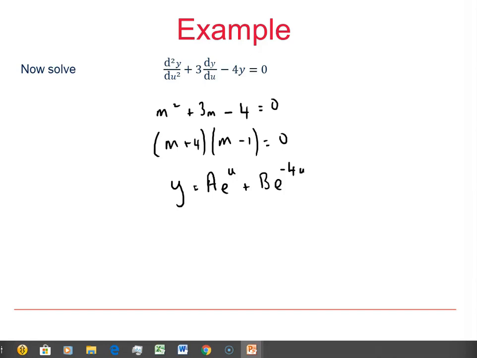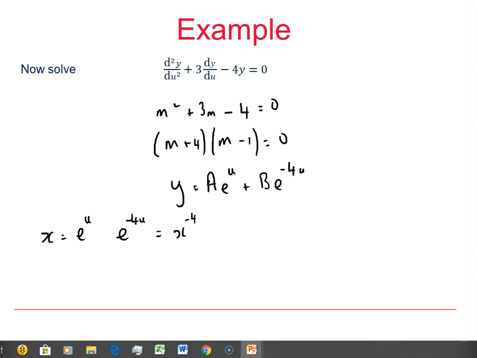But now we need to get it in terms of x. So remember that x was equal to e to the u, and therefore e to the minus 4u would be x to the power minus 4.